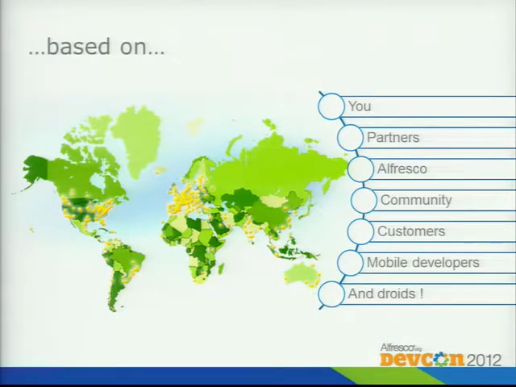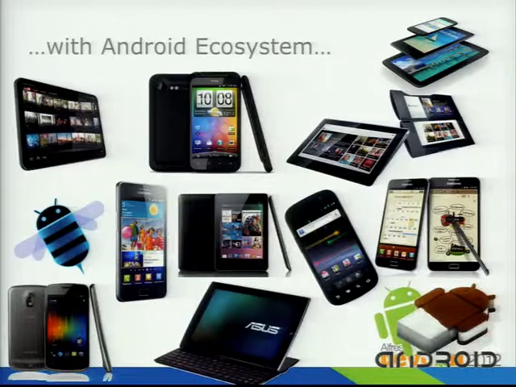So the requirement is based on what your customer requires, on what you need to implement, and on what mobile devices you have. It's based on everything people want to create, and they want to support the whole Android ecosystem.